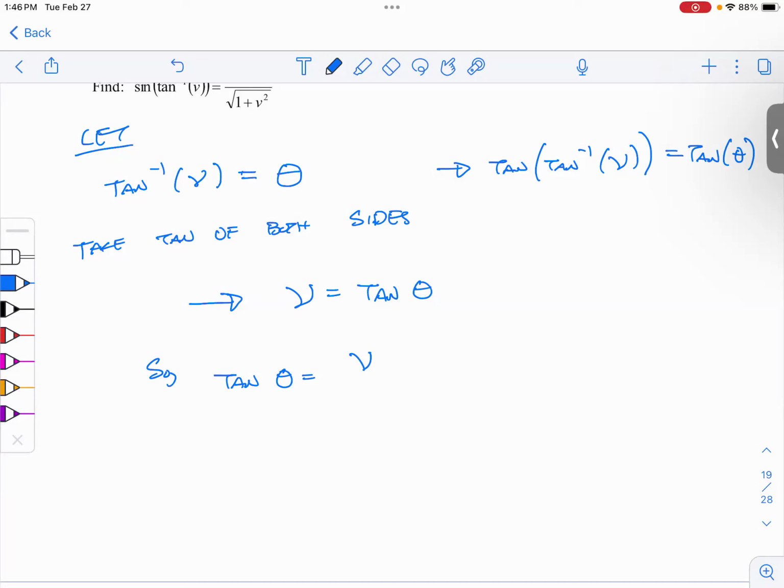So SOH CAH TOA, for TOA, what is it? Opposite over adjacent. Which one is that V? So what's the adjacent? It's always better to write these as a fraction. How do I know it's over 1?